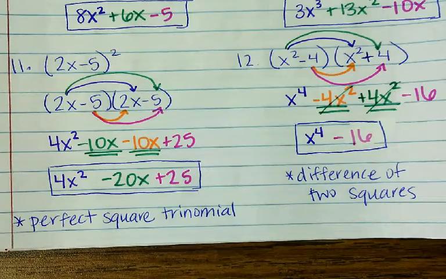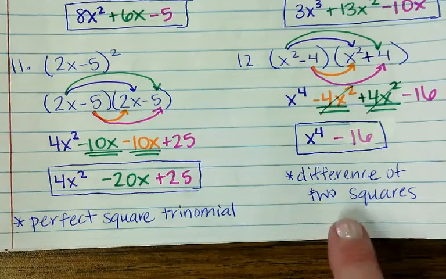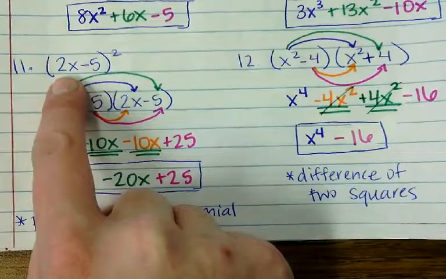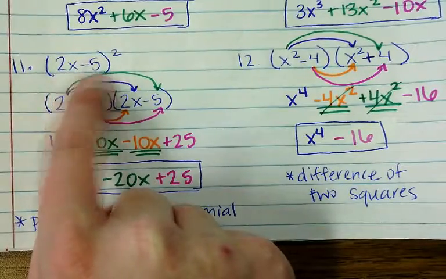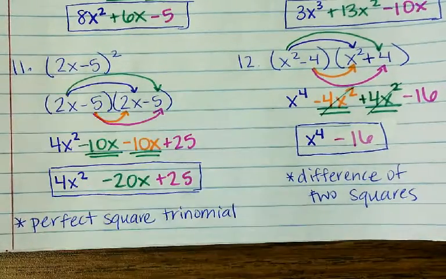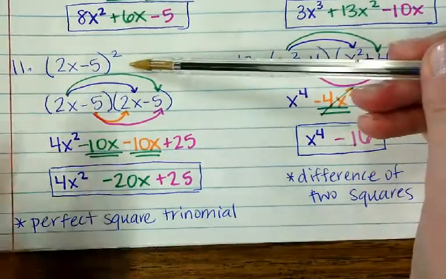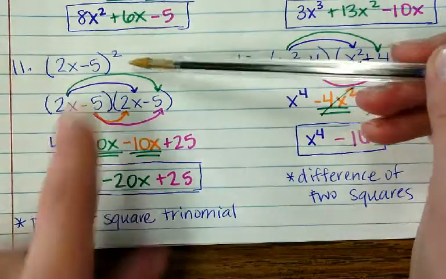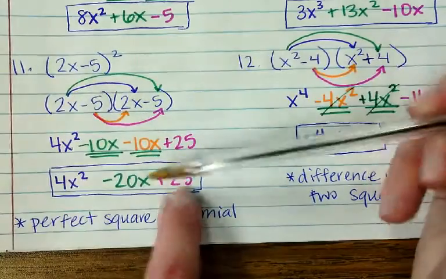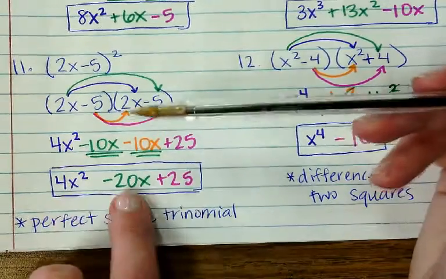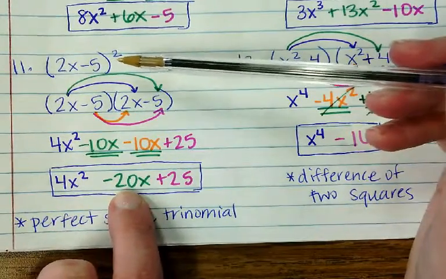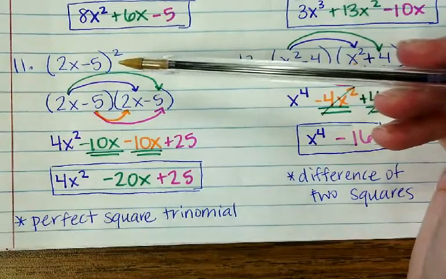What's really neat to see is some people, when they saw this first problem, they would look at that and be like, oh, well, 2x times 2x would just be 4x squared. 5 times 5 is just 25. But it has this middle term in here. And, guys, the cool thing about a perfect square trinomial is it follows the same pattern every time. Because what you do is you square your first term and you square your last term.